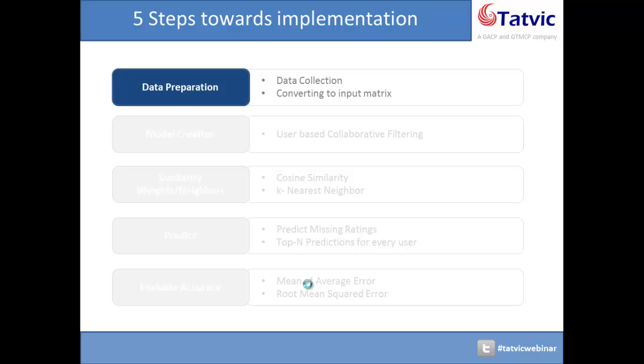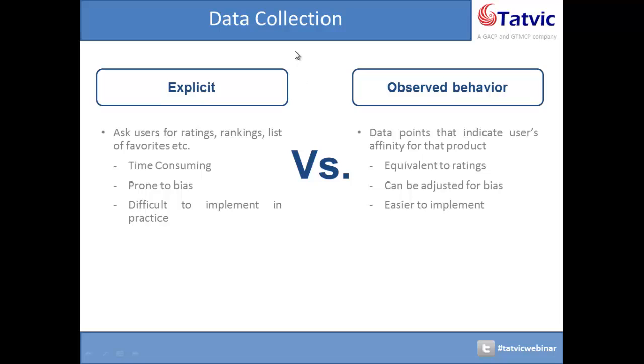So let me start with the first step of implementation, which is data preparation, and let me start with the data collection part. In order to perform a collaborative filtering algorithm, we need user ratings for the items.